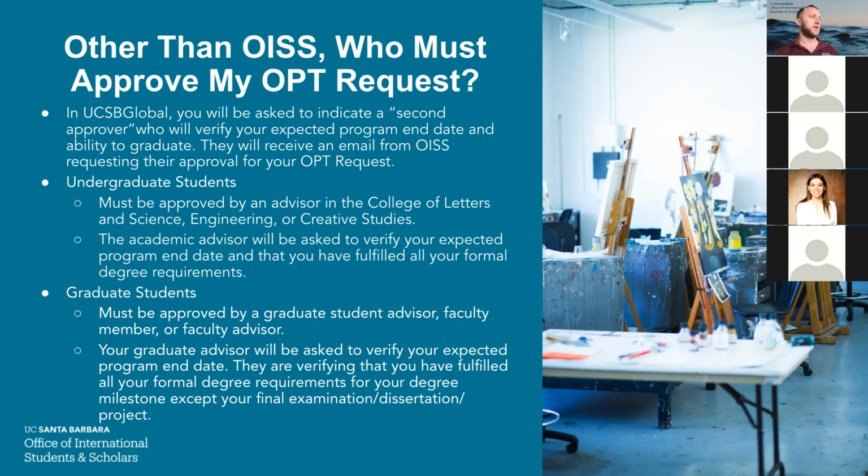For graduate students, this is going to be a graduate student advisor, faculty member or faculty advisor. There should be one specific person who that's going to be. The grad advisor is just going to be asked to verify your expected program end date. If you have a specific date in mind, you can work with your advisor and ask them to enter that specific date within your final quarter.